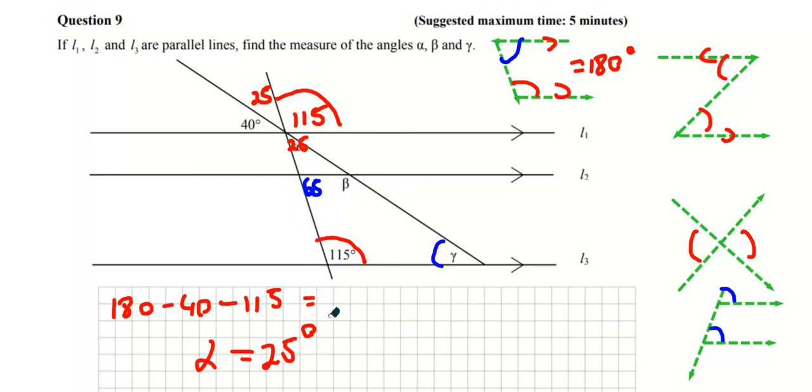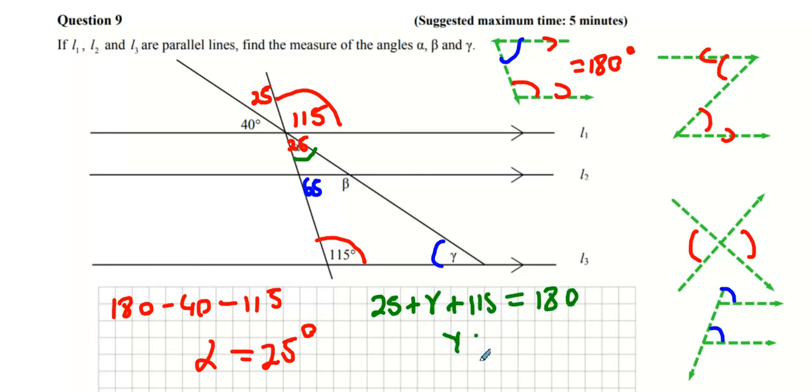Just a mistake there. So what we're gonna say is that if you look at the triangle, 25 plus gamma plus 115 actually has to equal 180 degrees.